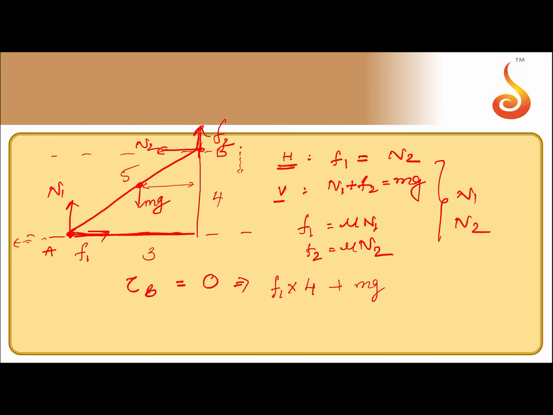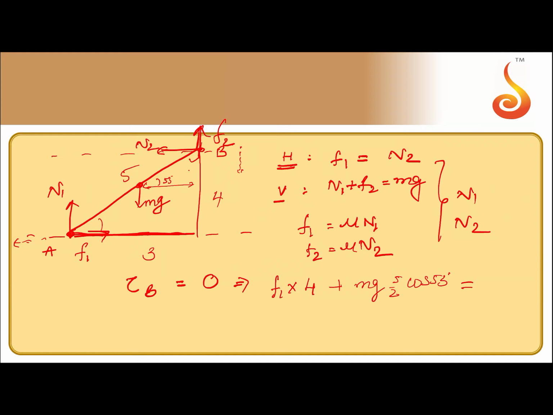What is that equal to? 5 by 2 into cos 53 degree. This is 3, this is 4, so this is going to be 37 and this is 53. So we have mg into 5 by 2 into cos 53. That should be equal to N1 into 3, and N2 and F2 do not produce anything.